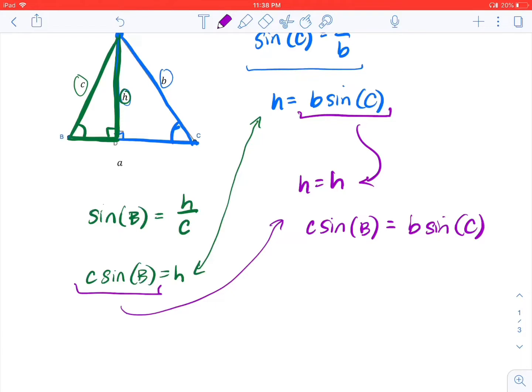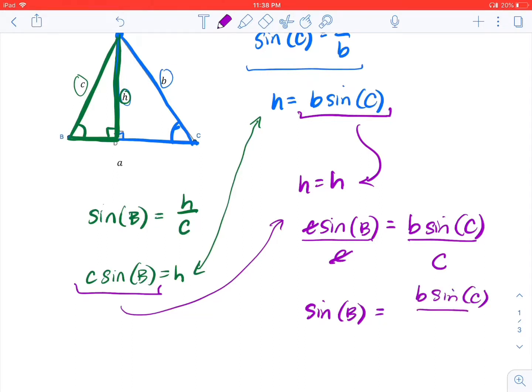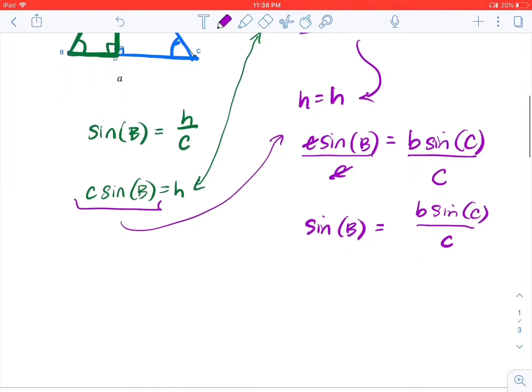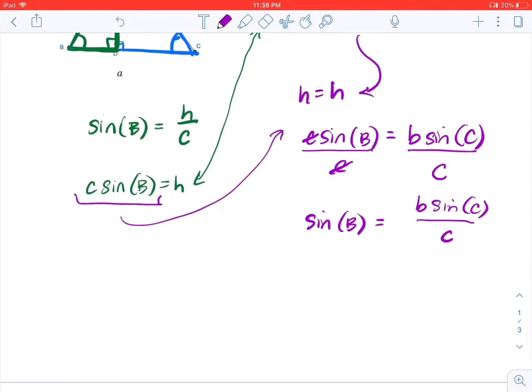The law of sines is developed by using some of those proportionality relationships to move forward from this equation. For instance, in that equation, I'll divide both sides by c. On the left side, that c in the numerator cancels, and I'm left with the sine of angle B equal to b times the sine of angle C divided by the measure of side length c. And I can divide both sides by b, much like I did for c.